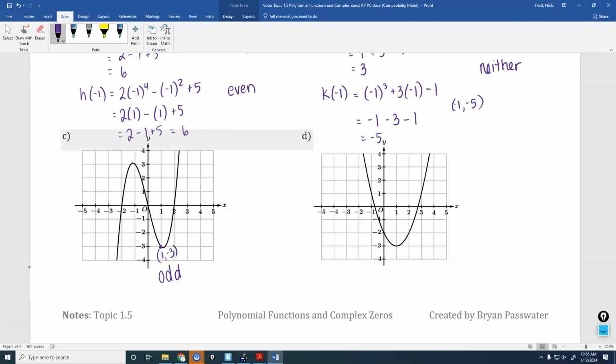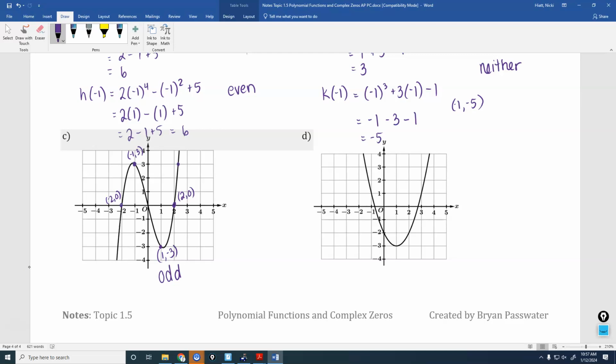That means -1, 3 should be on my graph, and it is, right? This one doesn't have a lot of really easy ones to do. I can do this one too. 2, 0 is here. Actually, that looks kind of even because it's still true. The opposite of 0 is still 0, so that's okay.